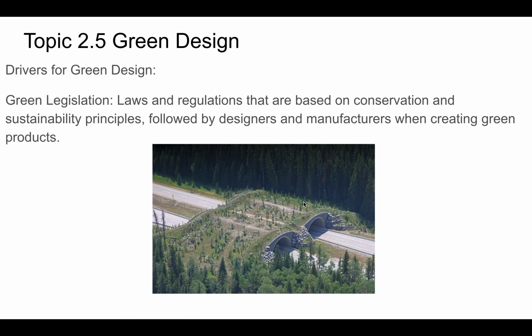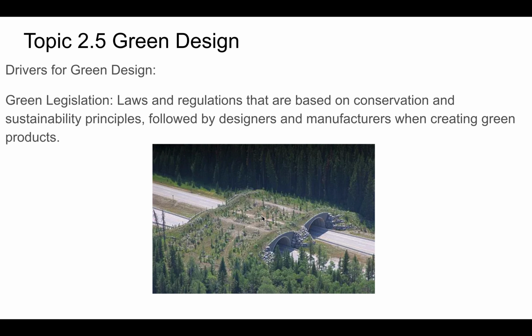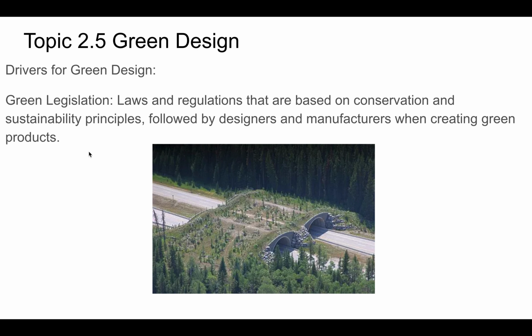So what a lot of countries are starting to do now is create these wildlife overpasses so that the wildlife can get over a road and get from this side to that side. Now, if I was a predator, I would stick myself right here or up here. But anyhow, deer or bears or anything can cross over this, and that helps to increase genetic diversity. So that's an example of green legislation.